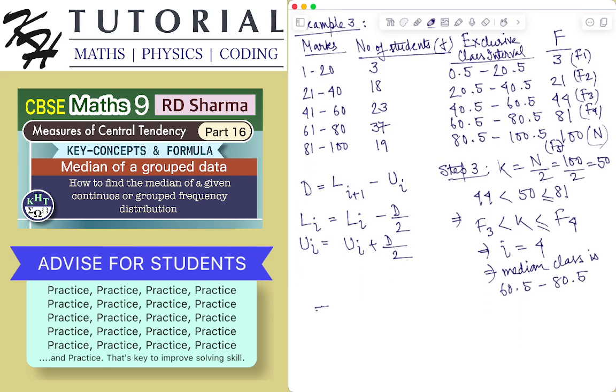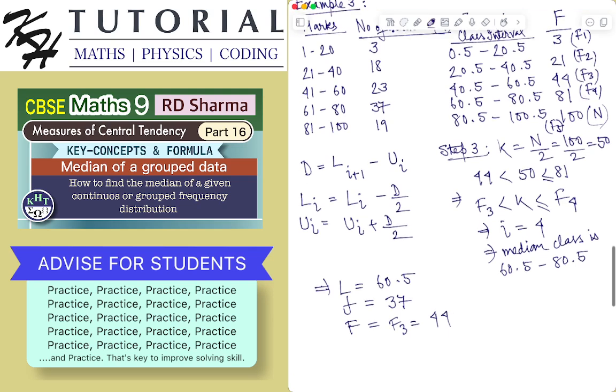So now we can get L, the lower limit of the median class, which is 60.5, the small f frequency of the median class, which is 37, capital F, the less than cumulative frequency value of the class interval just preceding the median class, which is F3, which is equal to 44.